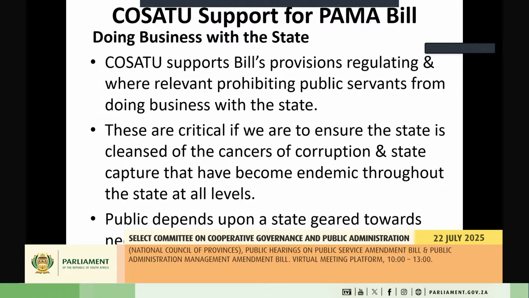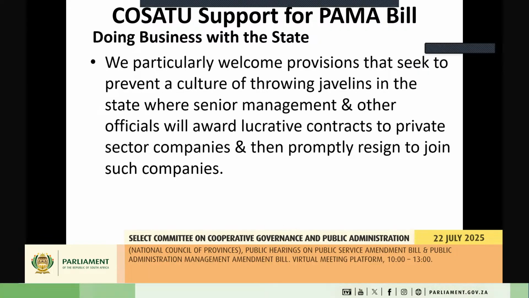And the public depends upon a state which is really geared towards the service of working class communities, of the poor, and it shouldn't be seen to be a center of entrepreneurship, of corruption, of state capture, of javelin throwing, etc. We think these provisions are progressive.